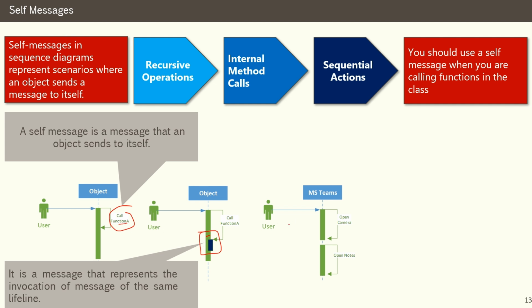If you look at another example, we have an object and we have a lifeline. It is open camera, open notes, the two sequential operations that are happening inside an application called MS Teams. So this is how you can represent self messages.